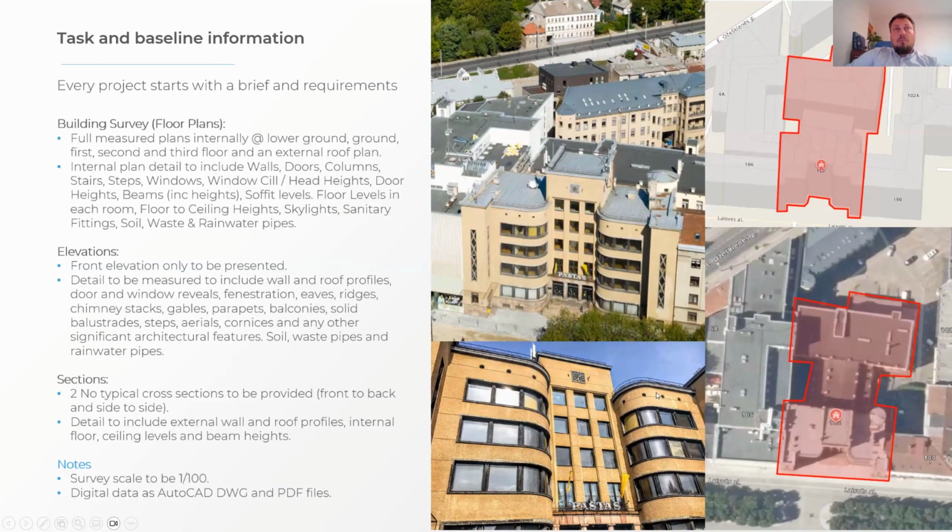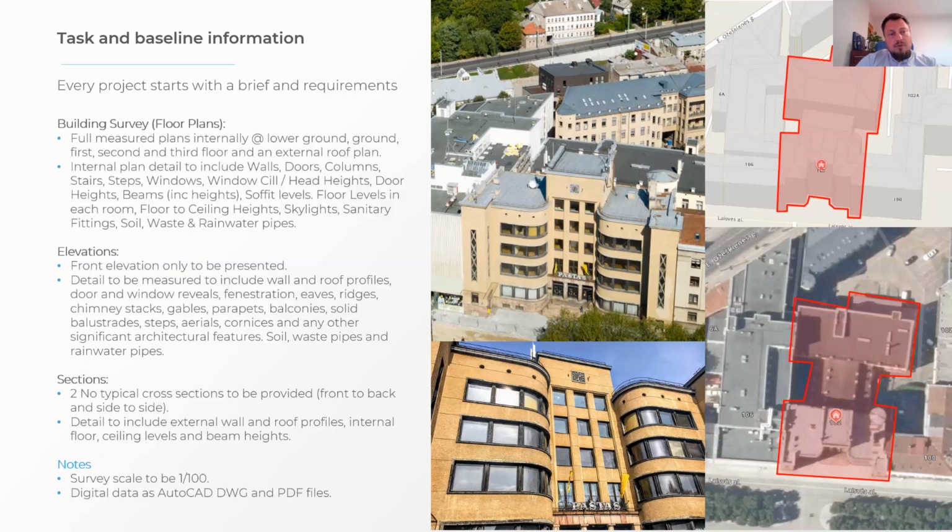As you know, all projects start from the task and baseline information. So it's the same with this project. Typically, what our drafter receives from us is a short brief of the requirements: what we need to do with this point cloud. For example, for this object, we will talk about floor plan creation, elevations, and sections.